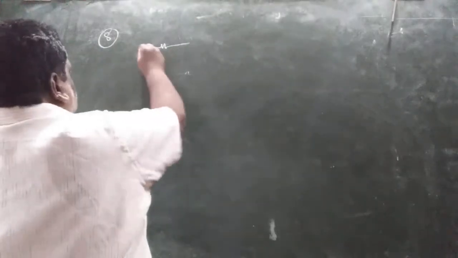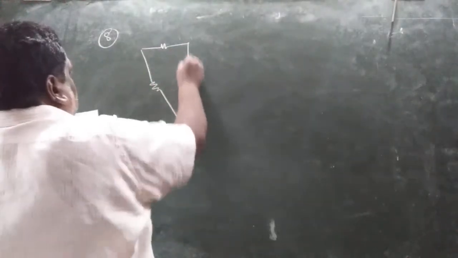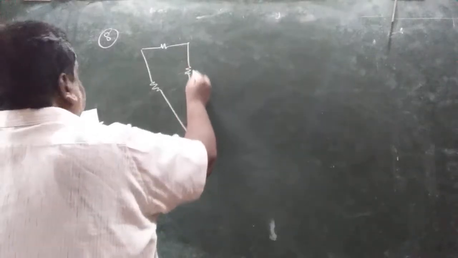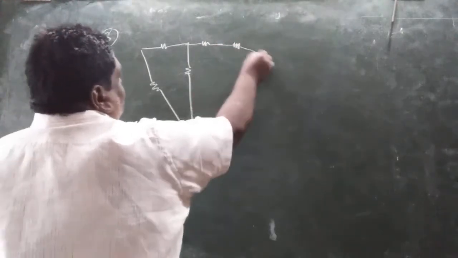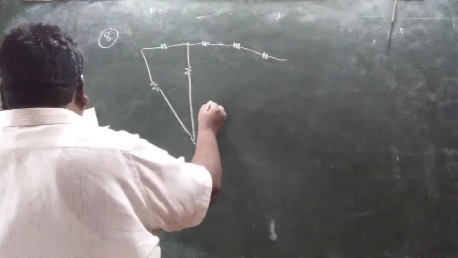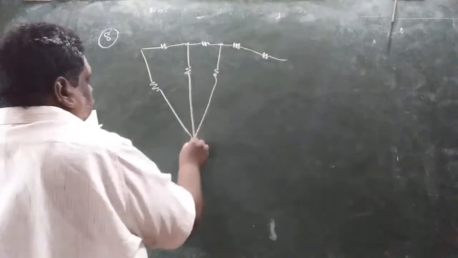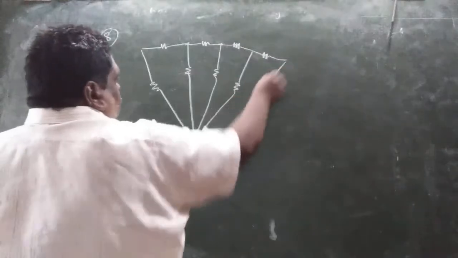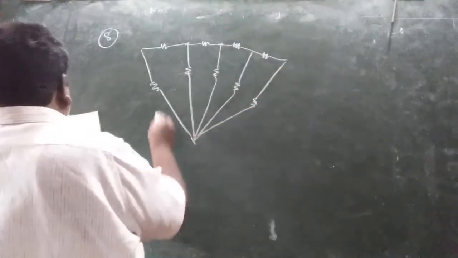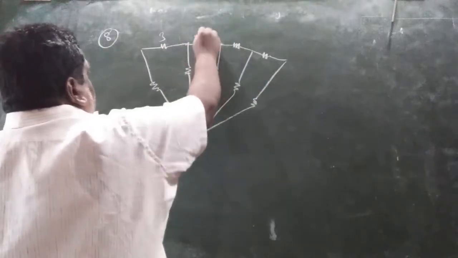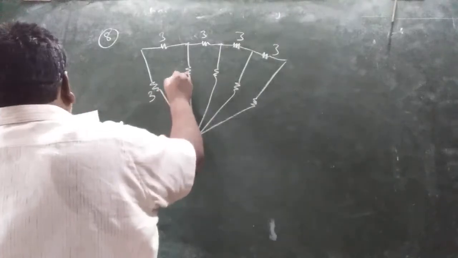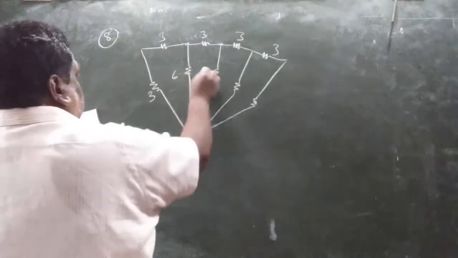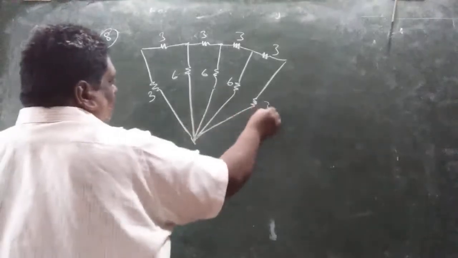Next, 8th question. It is a silly question, but if you understand it, it is easy. Here there are 3, 3, 3, 3, 3 ohm resistors, then 3, 6, 6, 6 and 3.